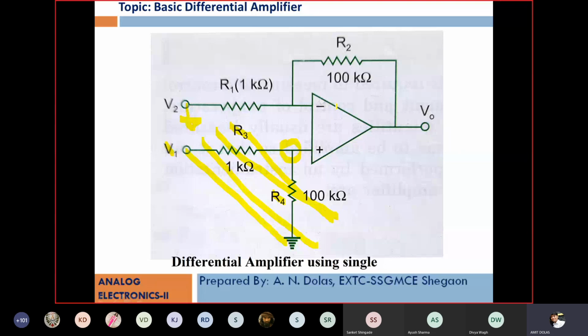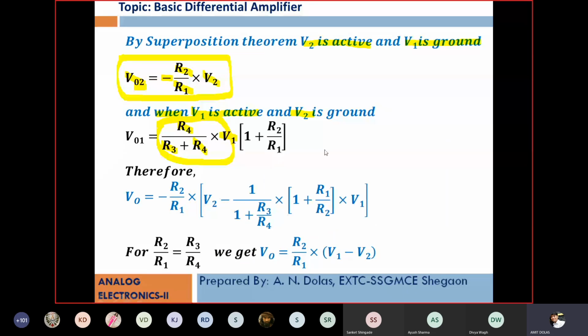For a non-inverting amplifier, the gain is 1 plus R2 upon R1. What will be the output due to V1? It will be 1 plus R2 upon R1 into whatever is the voltage at the non-inverting terminal. The same is reflected in this equation.